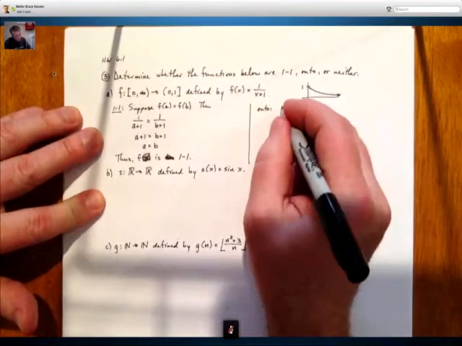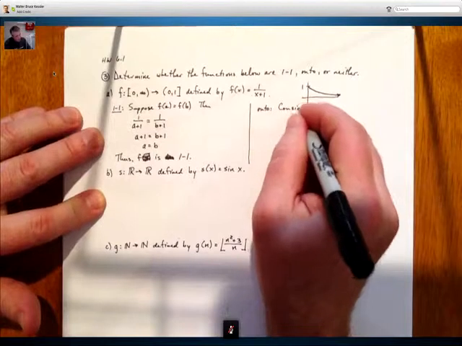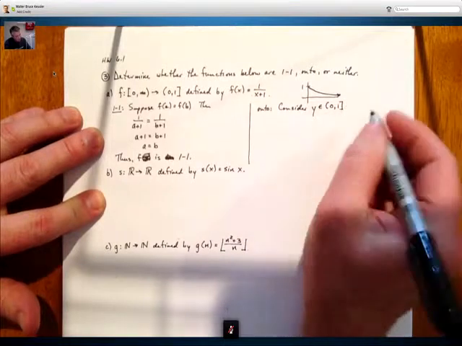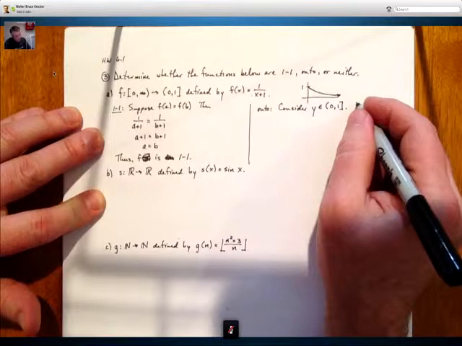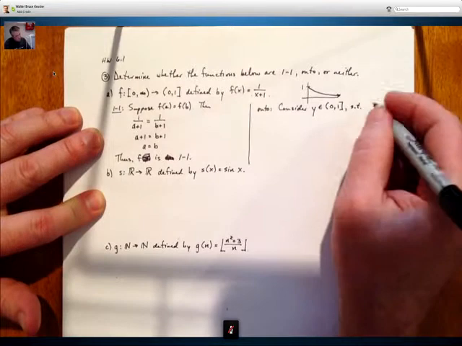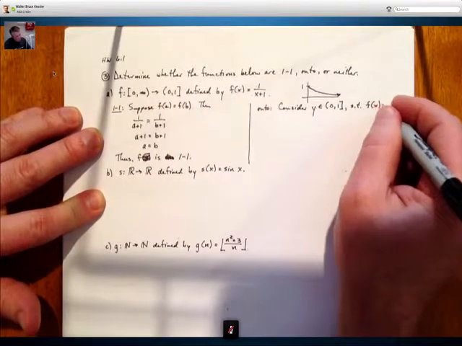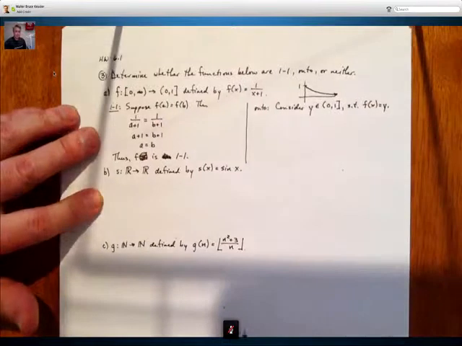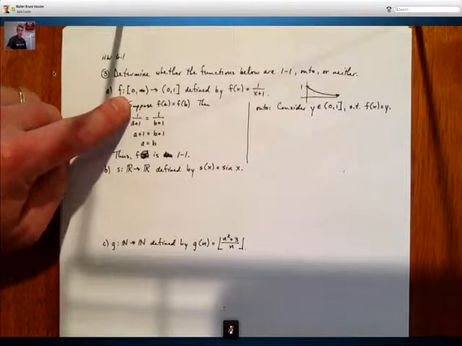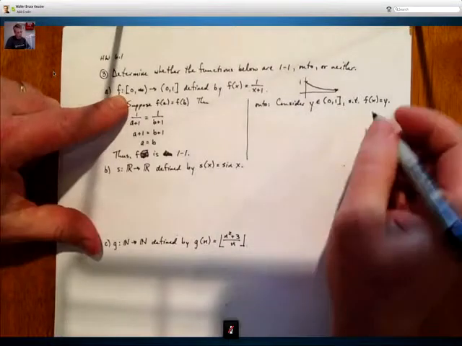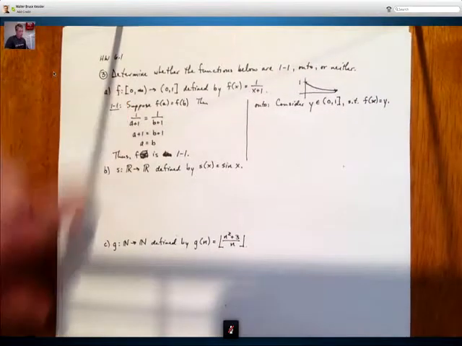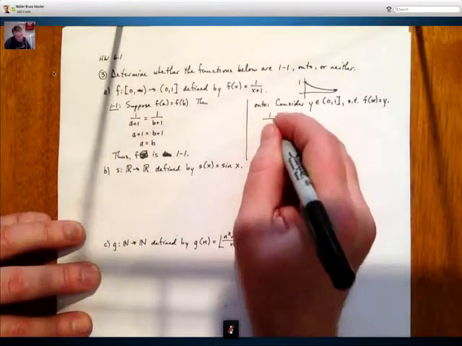If we're going to look at onto, consider y out of that set. And we've got f of x is equal to this y. I need to identify what x is and make sure that it falls in the range, 0 to infinity.